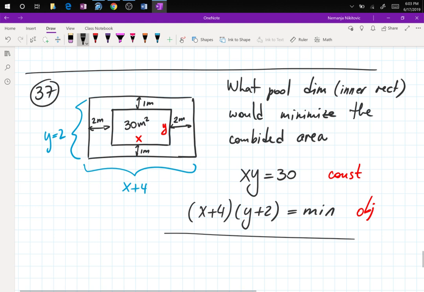You can see that on the picture. Now the bigger side, the concrete, the big rectangle, that's going to be the dimensions of the pool plus the stretches that you have on each of the sides. So we have x plus 4, and we have not y equals 2, y plus 2.